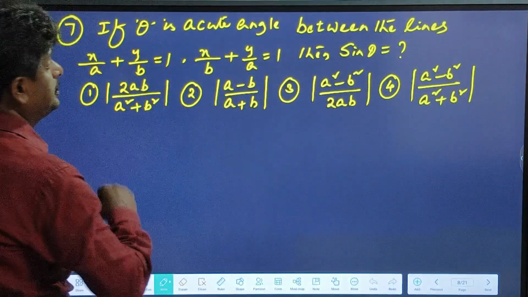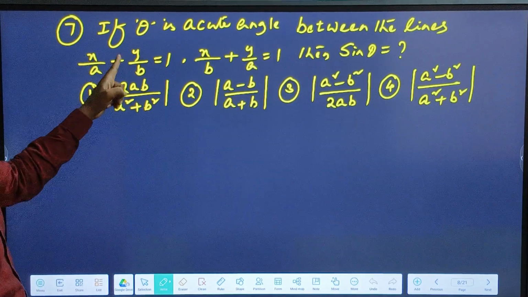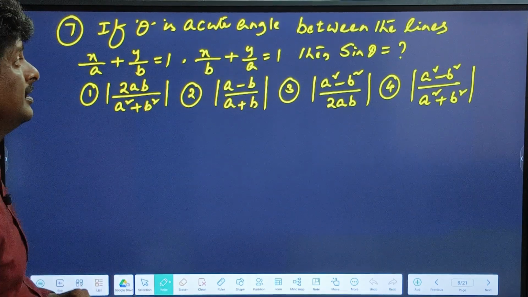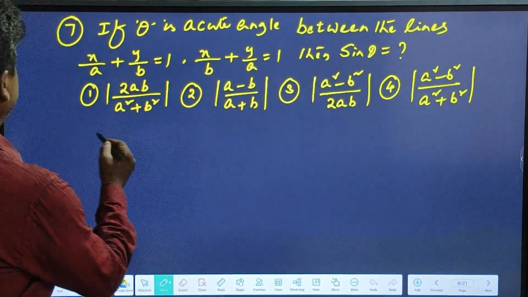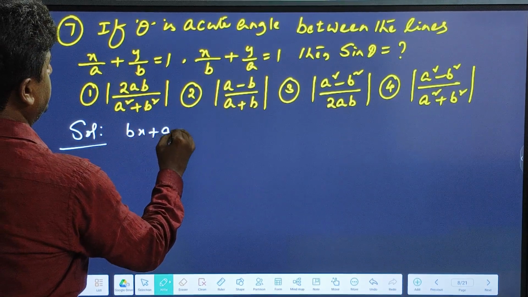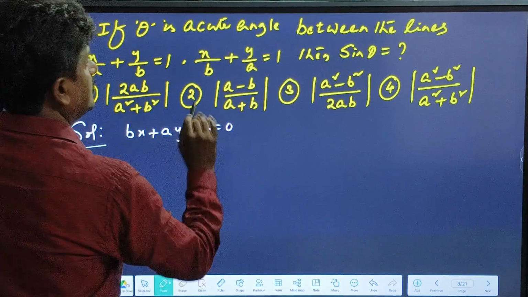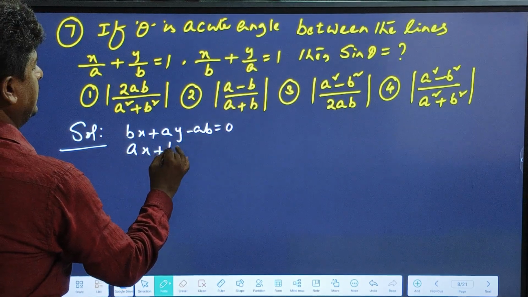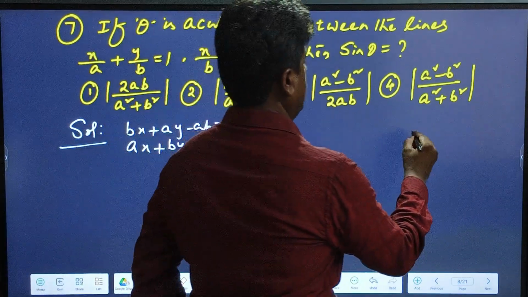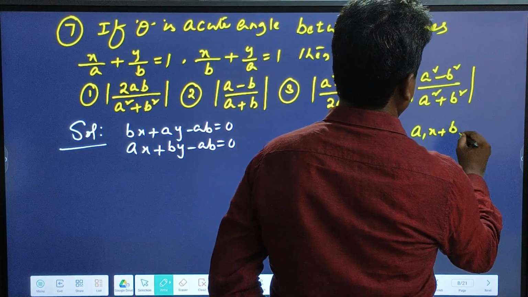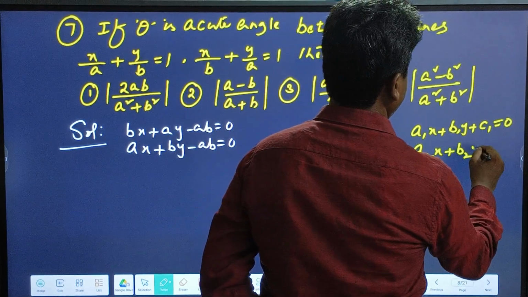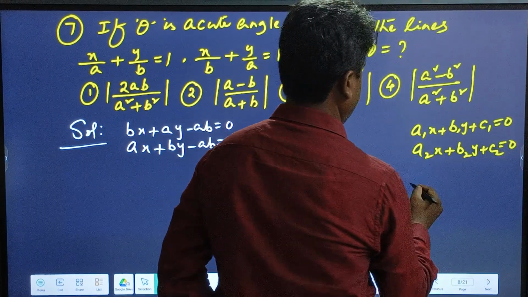If theta is the acute angle between the lines x by a plus y by b equals 1, x by b plus y by a equals 1, then sin theta equals. Do observe that the first line can be written as bx plus ay minus ab equals 0. The second line can be written as ax plus by minus ab equals 0. Suppose the lines are a1x plus b1y plus c1 equals 0, a2x plus b2y plus c2 equals 0.